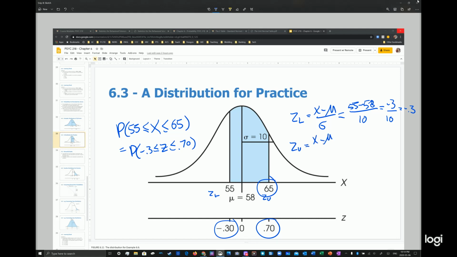Same thing, we find the z-score. So that's 65 minus 58 over 10. So that's 7, plus 7, so it's plus 0.7. So we have our z-scores.